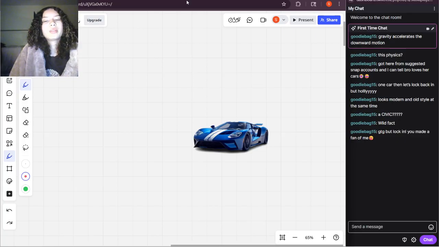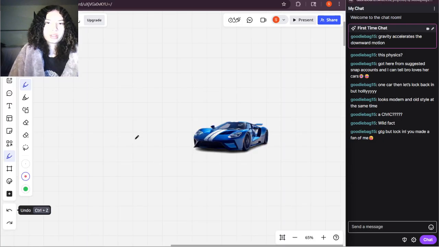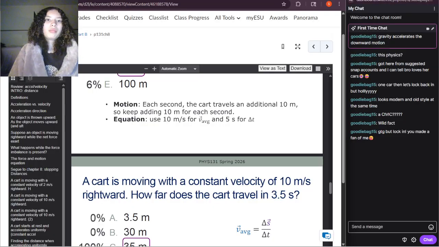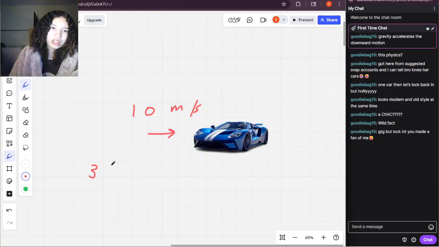Oh, there's a decimal. A car is moving with a constant velocity of 10 meters per second rightward. Okay, 10 meters per second again. Nice. How far does it travel in 3.5 seconds? 35 meters is my guess.